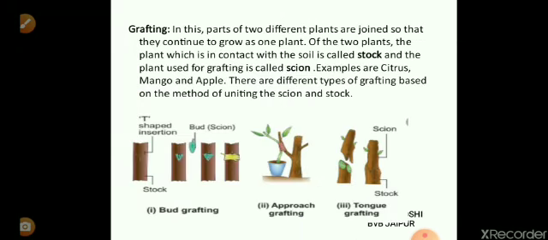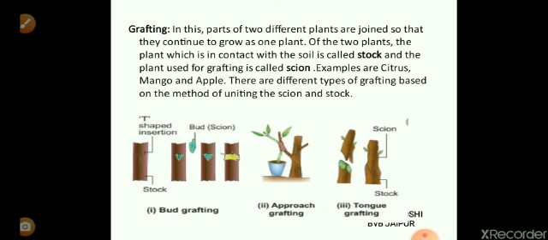Now the next type of artificial vegetative propagation is through grafting. In this method, parts of two different plants are joined so that they will continue to grow as one plant. Of the two plants, the part which is in contact with the soil is known as stock.